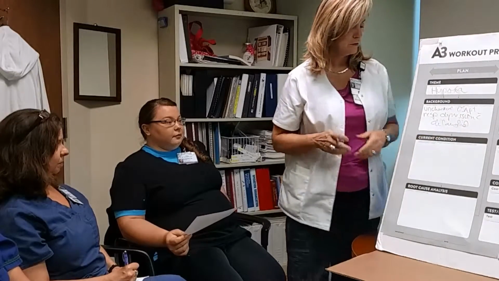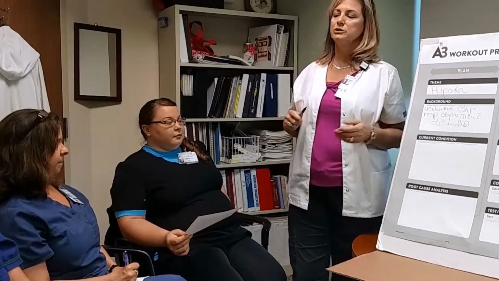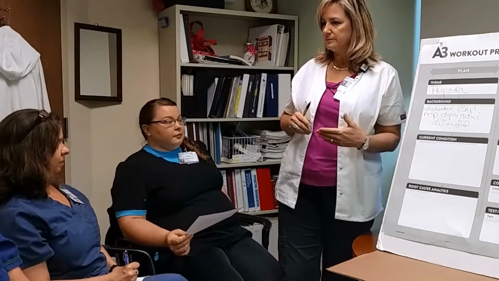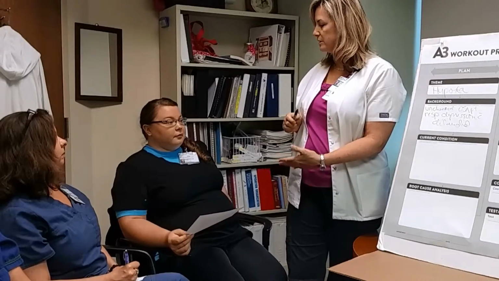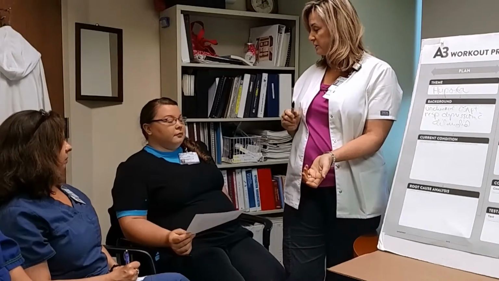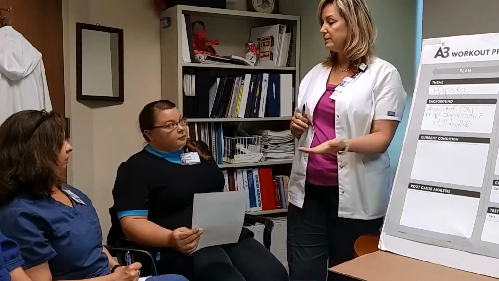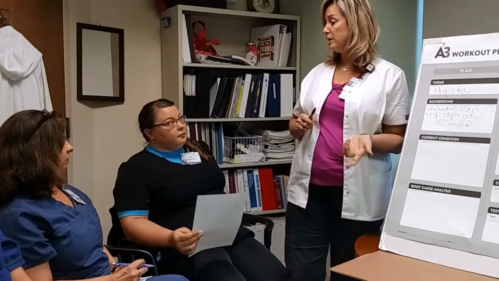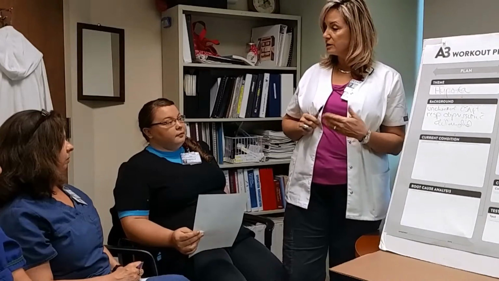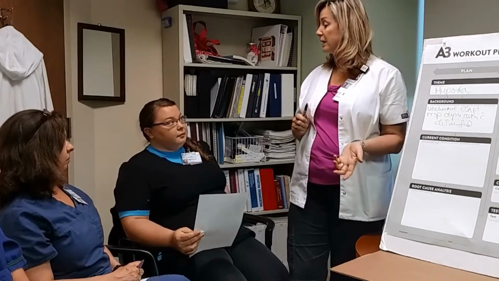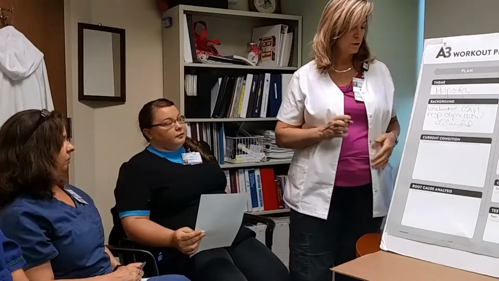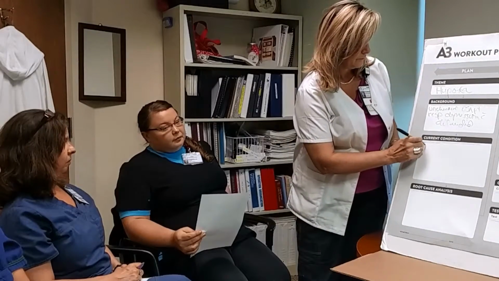Okay, and then our current condition: the patient probably wasn't assessed regularly after the Dilaudid was given. One thing that we probably could have done differently was neuro checks, and not just going to see if she was breathing, but really waking her up to see how she was neurologically.